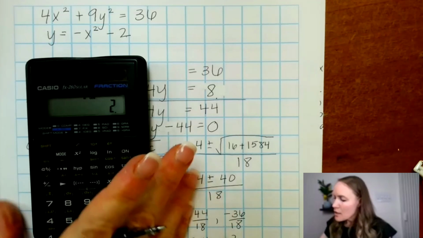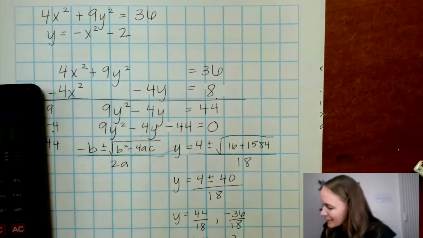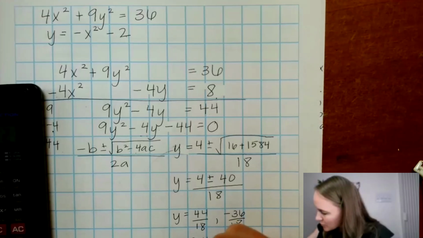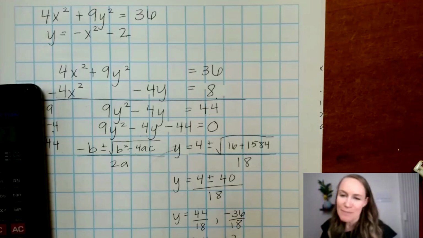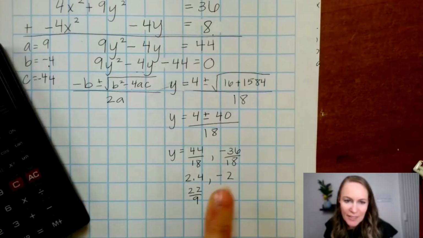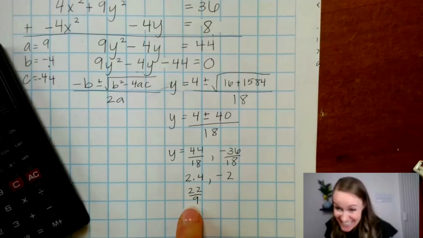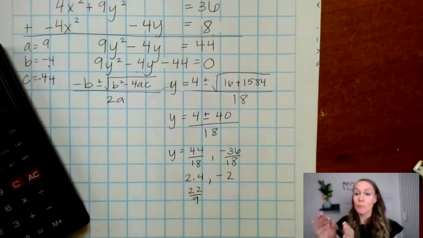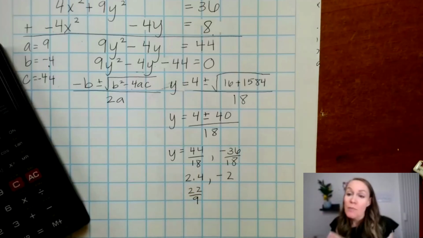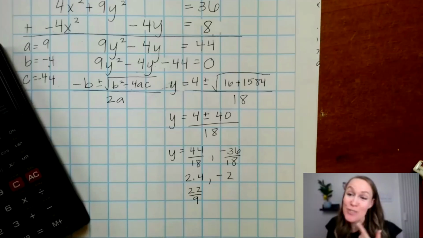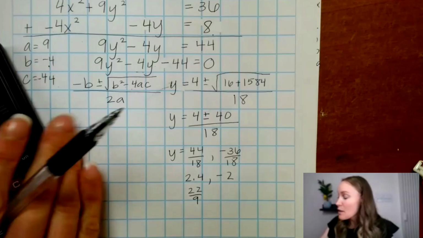We could also call this 22 over 9, because I'm plugging this number back in to find X. I'm really going to want to use the real number and not the estimated number. When we're plotting points, using the estimated number is fine, but when we plug it back into a situation, we really need to use the best number available.